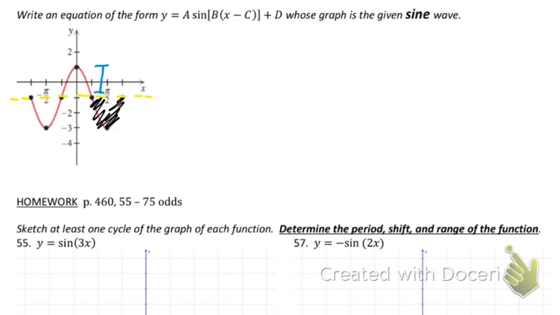That sinusoidal axis is down 1. So that means my d value is negative 1. It goes down 1. That blue line I just drew is my amplitude. In this case, the amplitude is 2 units.